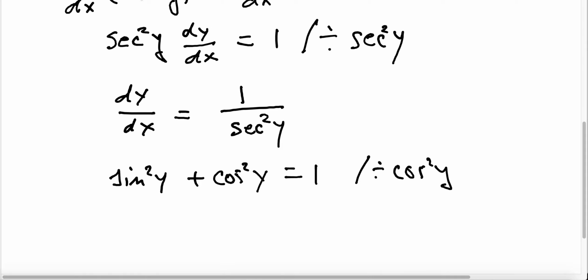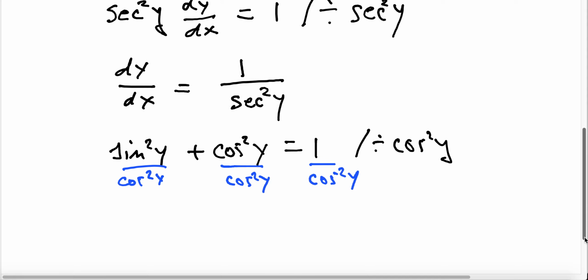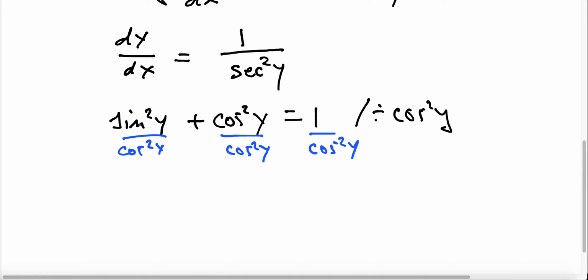We divide every term by cosine squared y. What do we get here? Sine squared over cosine squared is tangent squared y, plus this one we can simplify is 1, and 1 over cosine squared y is secant squared y.